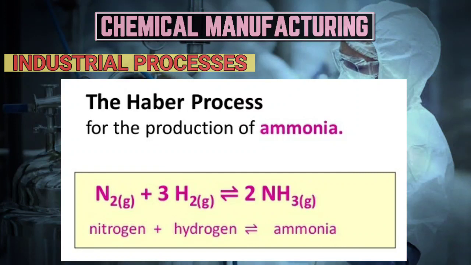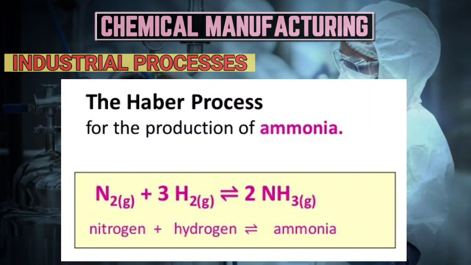Now, the conditions for such a reaction require an iron catalyst, a temperature of about 450 degrees Celsius, and a pressure of about 200 atmospheres, which is quite a high pressure.